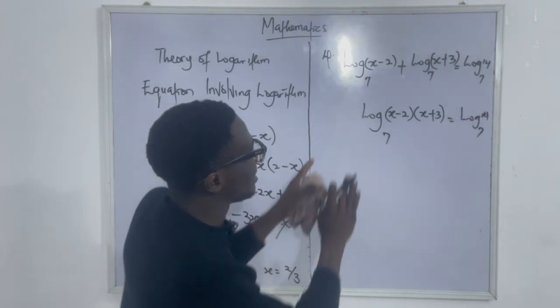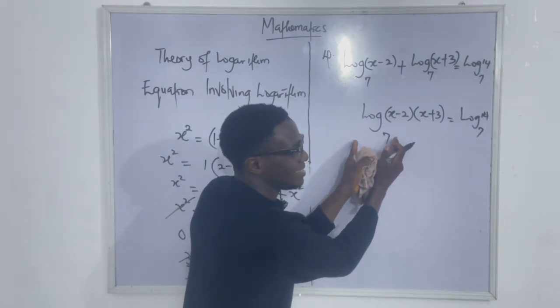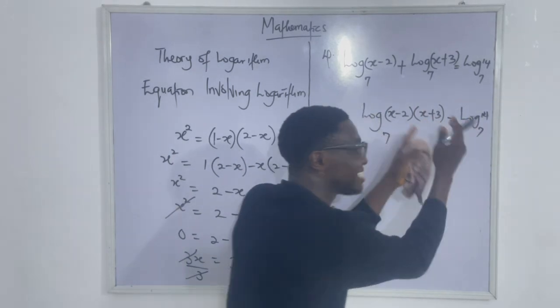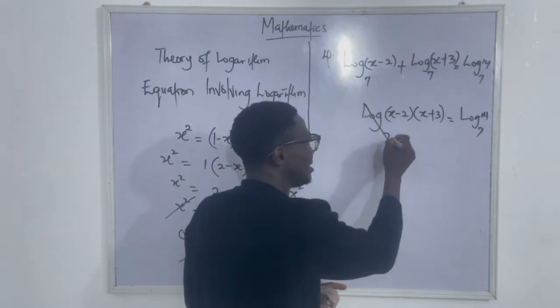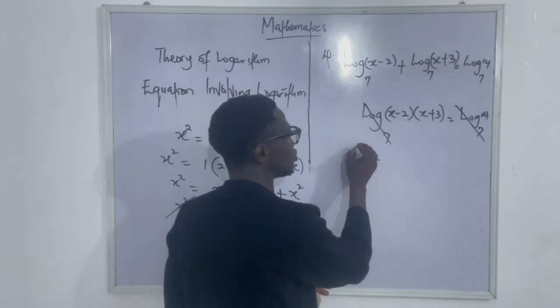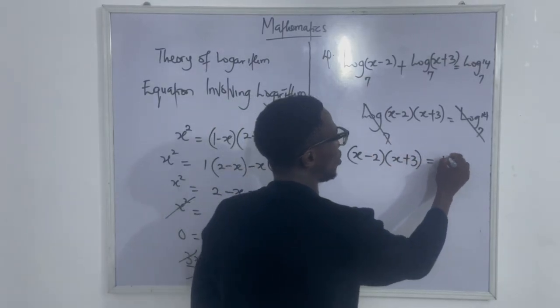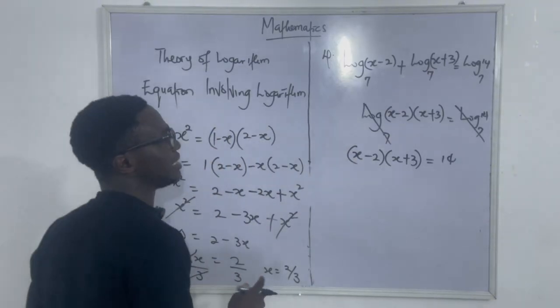Once you have a log of a base at the right hand side and the log of that same base at the left hand side, it cancels each other. So then we have x minus 2 times x plus 3 equals 14.